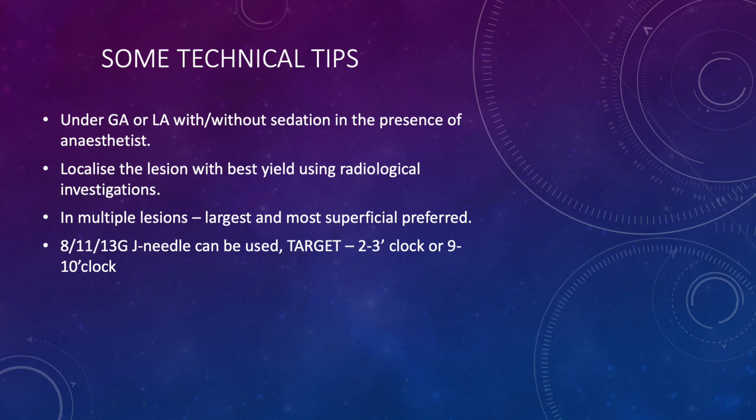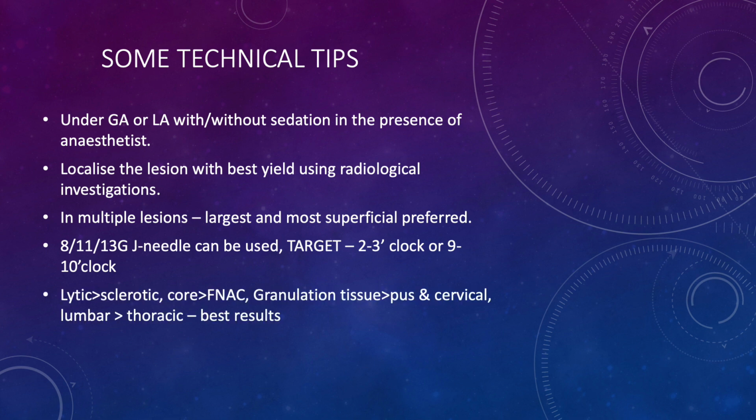There can be other needles that can be used like Ackermann, but I don't have any personal experience with that. Target 2 o'clock to 3 o'clock for your right pedicle and 9 o'clock to 10 o'clock for your left pedicle. Lytic more than sclerotic, core more than FNAC, granulation tissue more than pus, and cervical and lumbar more than thoracic. These are the pointers for the best results.